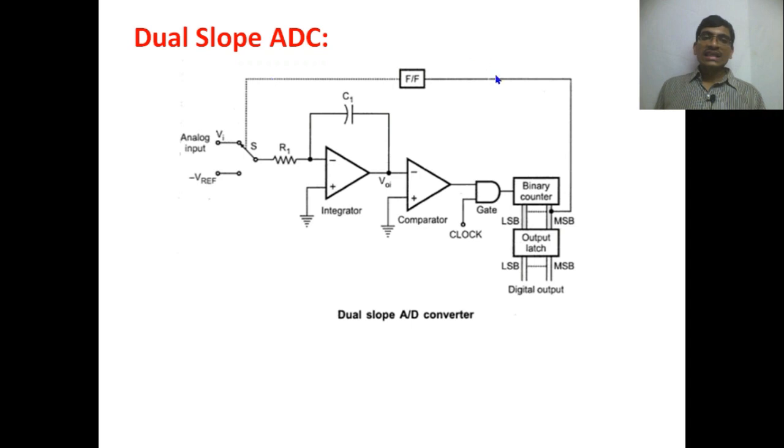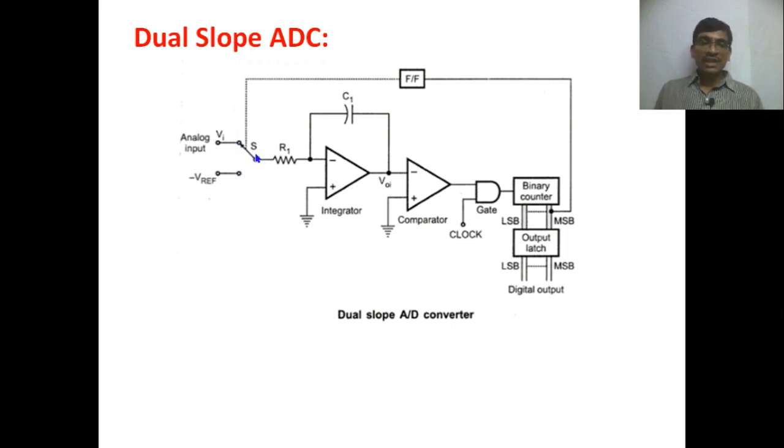Let us see the circuit for the dual slope analog to digital converter, which contains one electronic switch operated by a flip-flop. This switch is a single pole double throw switch, which switches between the analog input and the reference voltage.